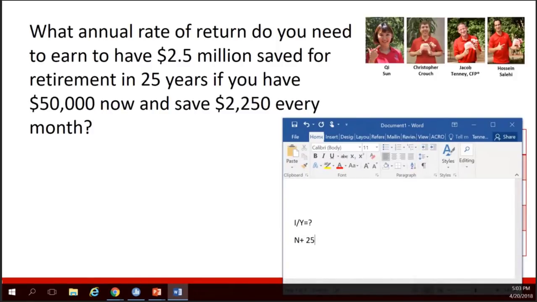25. 25 times 12, which is 300. Yeah. And then present value, how much you have right now?